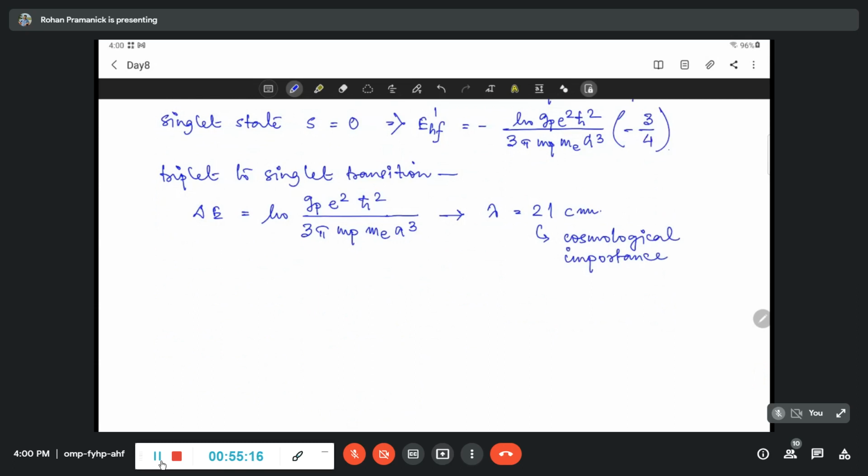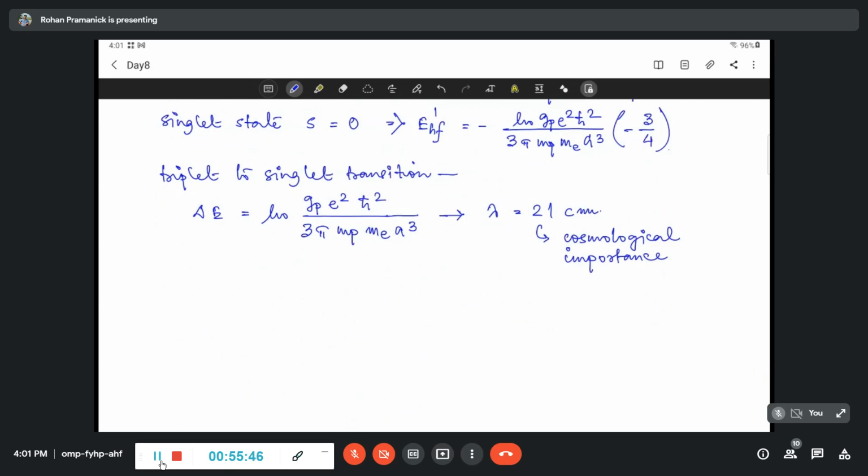There are many things regarding this 21 centimeter line. People in astrophysics try to locate this 21 centimeter frequency coming from different parts of the universe to find out various different properties. And this 21 centimeter is nothing but the wavelength of an energy transition which is happening in the ground state of the hydrogen due to this hyperfine splitting from a triplet state to a singlet state.